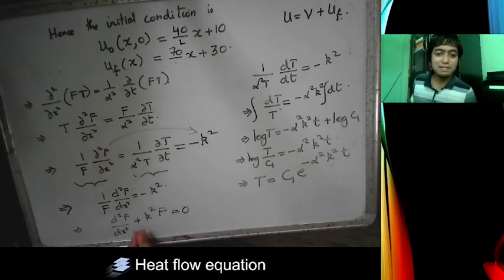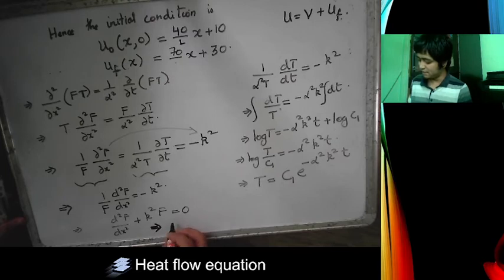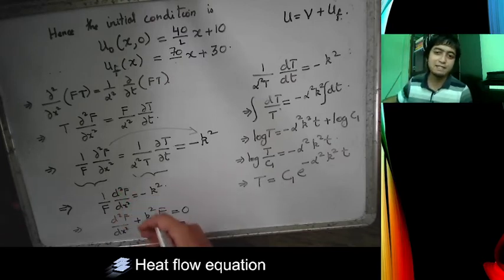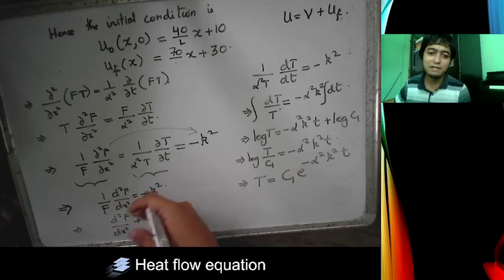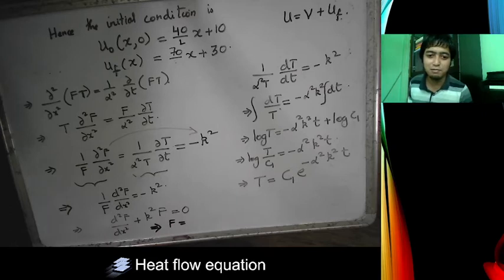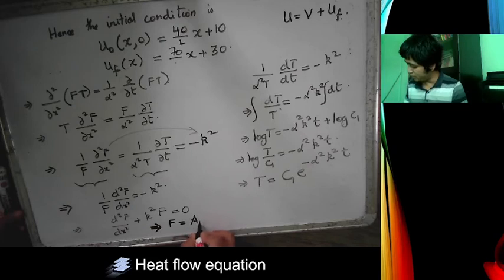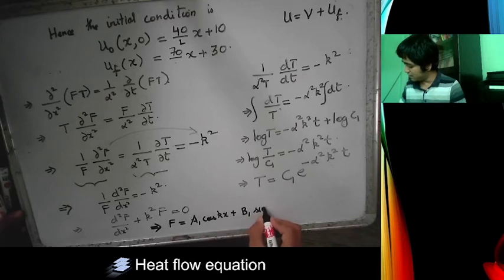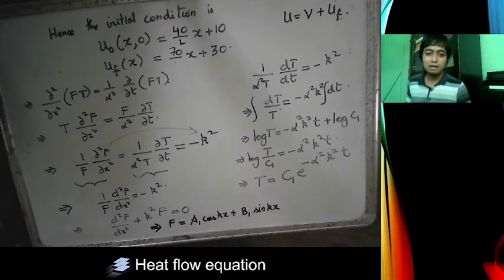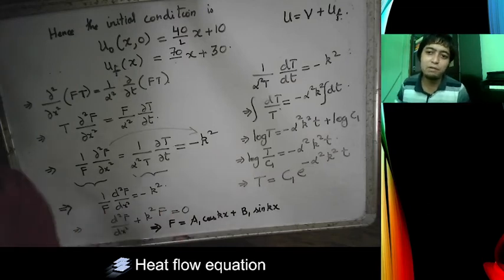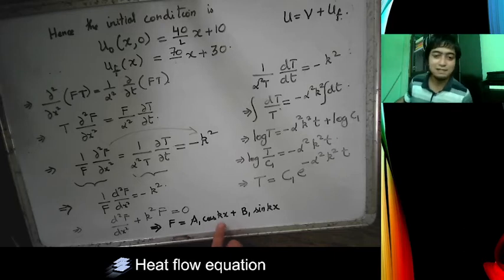This is a second order differential equation. Find the auxiliary equation, and it is homogeneous because it's equal to 0. After doing all that, you will have f equal to A1 cos kx plus B1 sin kx. I am omitting the other cases, which I will explain in another video, but for now let us just take this solution.